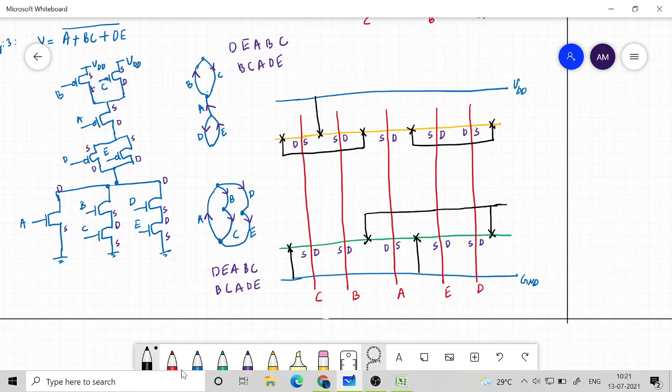Okay. So let me put it like this. And then finally, the drain of E and D. So that is this. Should be connected to.